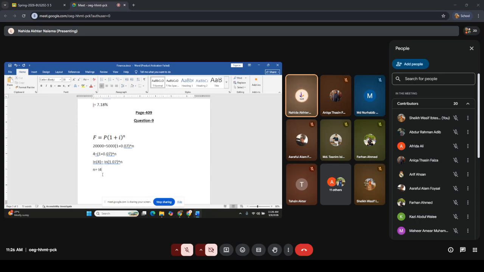ln 4 by ln 1.07. So what do we get for n?